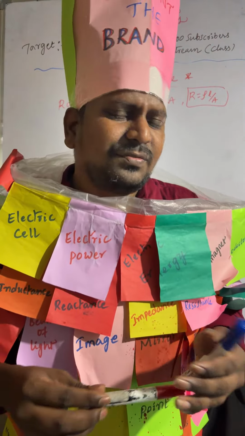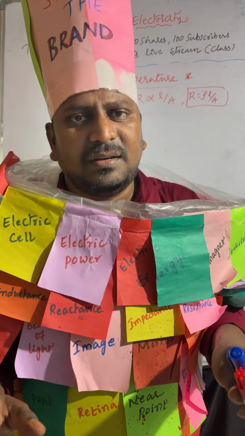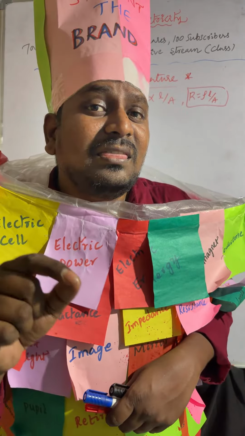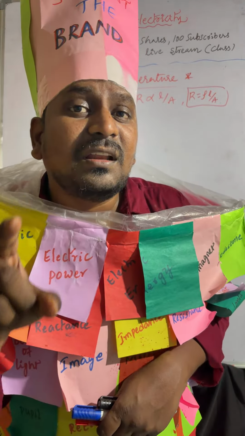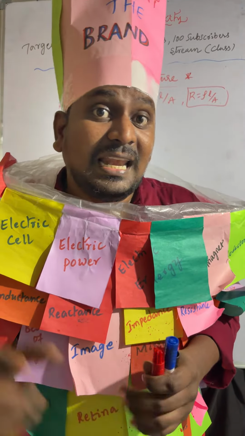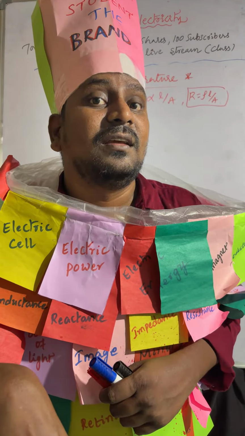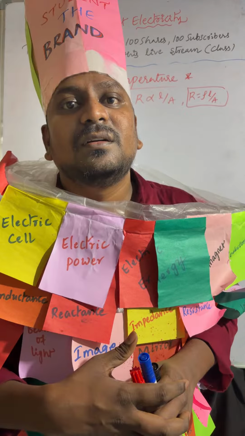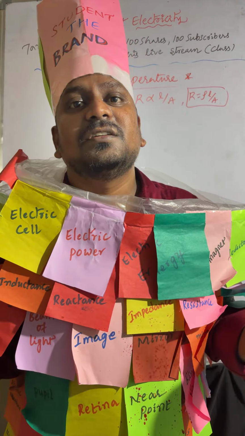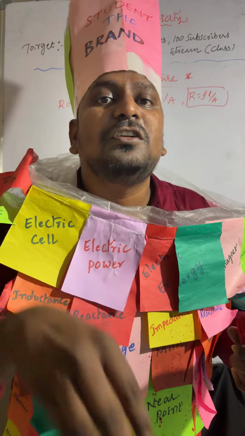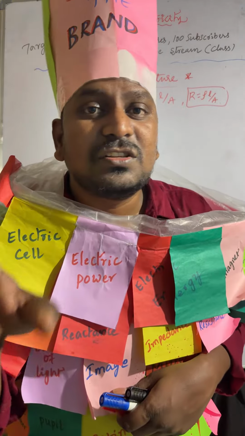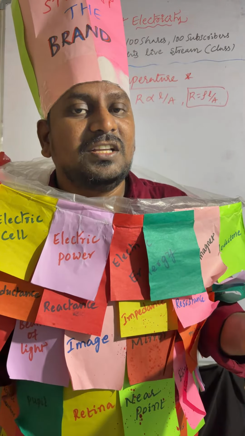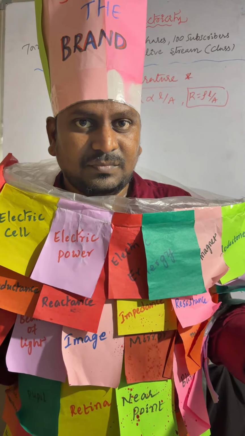That is, if the temperature of the material or the conductor increases, then the length and area of the cross section of the material also change. But those changes in length and area are actually quite small.